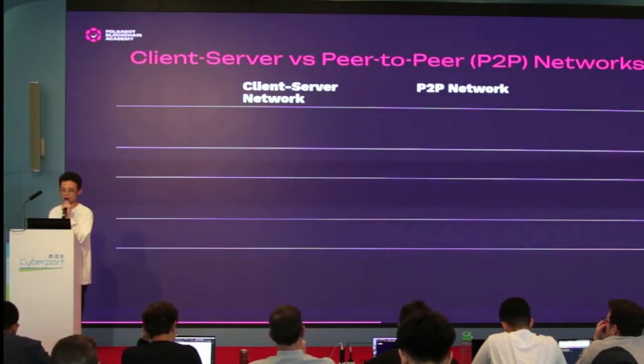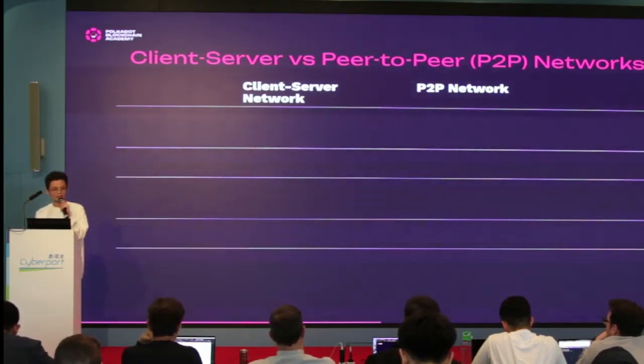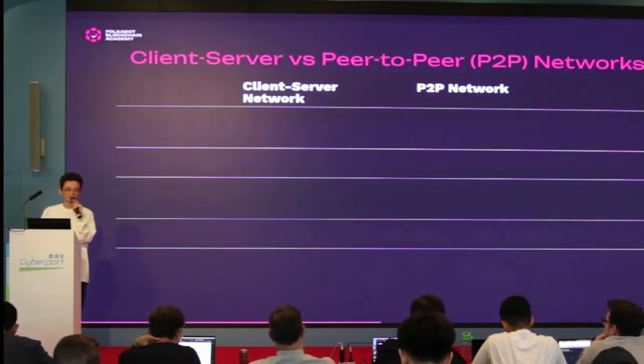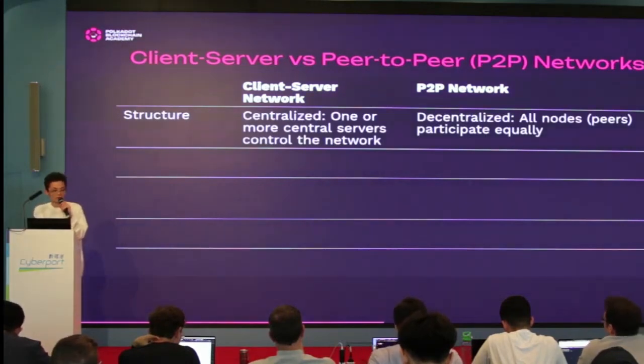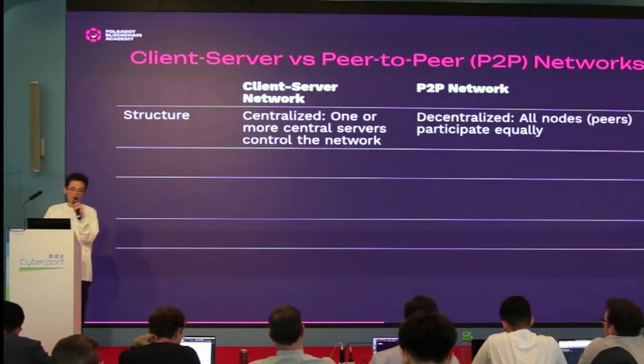For a peer-to-peer network, every node is connected as an identical peer, and they provide and enjoy services with each other. The first one, structure: the client-server model or network is very centralized. One or more central servers control the network.